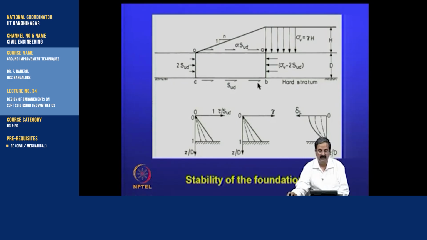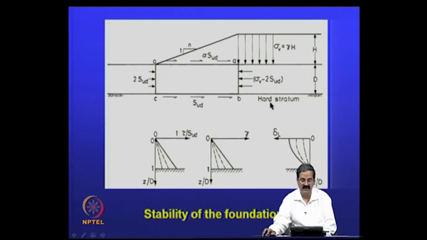the other possibility that we have is that you take this as alpha is equal to 1, okay. When alpha is equal to 1, it becomes 2 SUD, okay. This side 1 and this side 1, and then when you come here, see what is the vertical stress, it becomes sigma V here, vertical stress in this soft soil, this sigma V, and this total stress is so much, and sigma V minus 2 SUD, because you have to say that the shear strength is reducing that much.